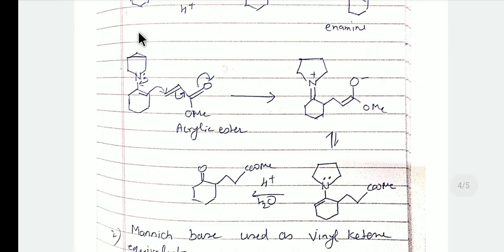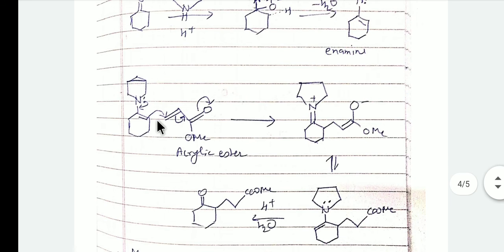In the reaction of this enamine with acrylic ester, electron delocalization further takes place. Here the lone pair of electrons present at the nitrogen atom goes to this carbon atom and forms a covalent bond, and the pi electrons of this carbon-carbon double bond are displaced to this carbon atom. So this carbon becomes negatively charged and the double bond is created here.